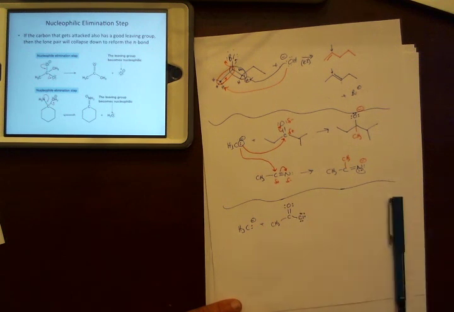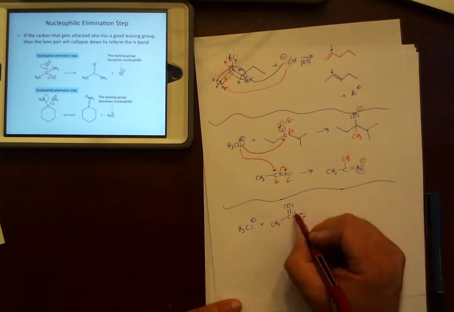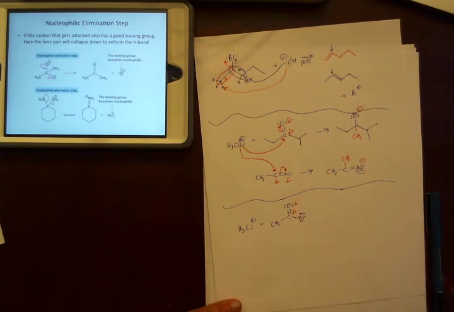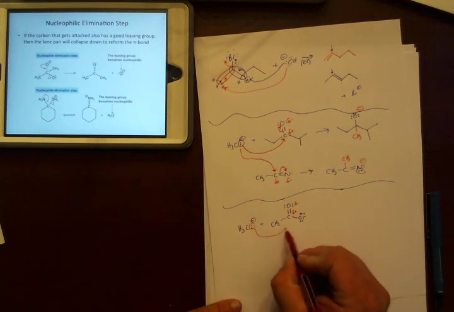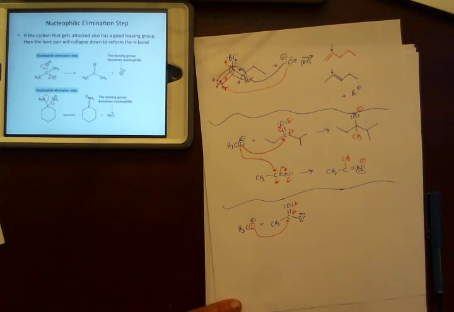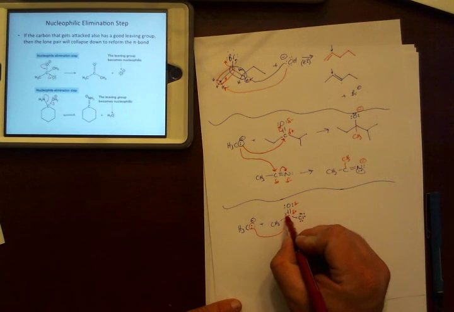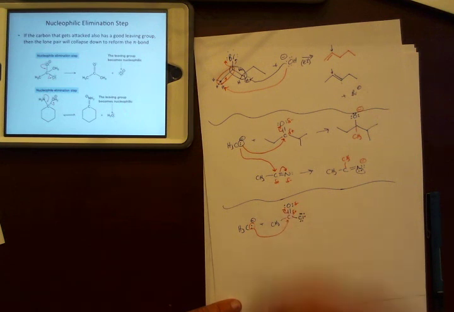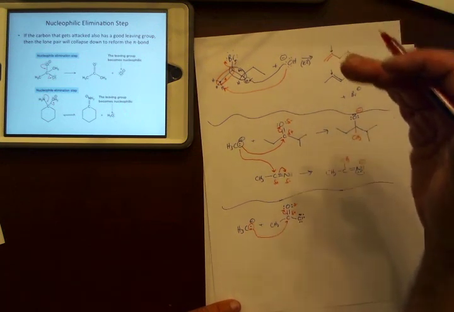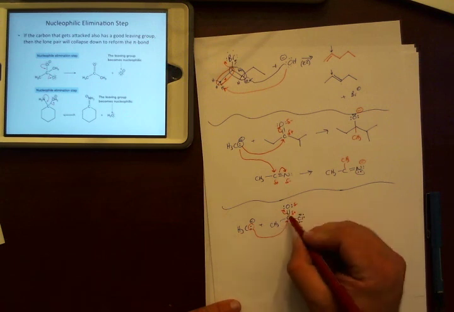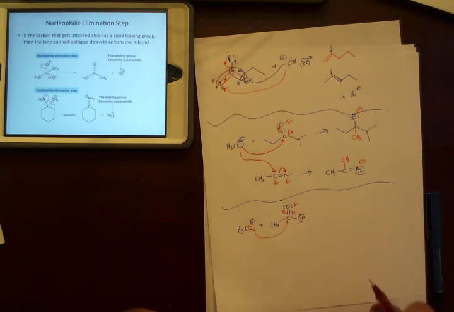Again, we're going to have partial positive, partial negative. Now, you can say, well, if I attack here, I could just push that away. Turns out that what actually happens is these get pushed up. You're going to push those two electrons up into the oxygen. That's actually easier to do because you're not actually breaking a bond.